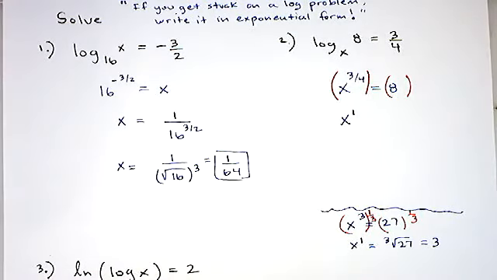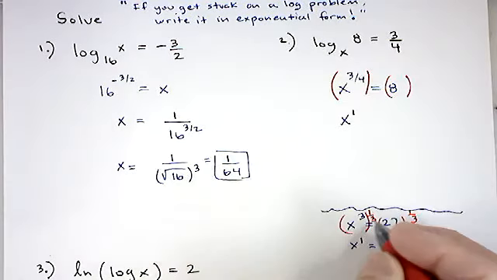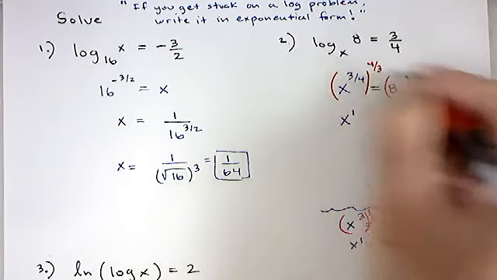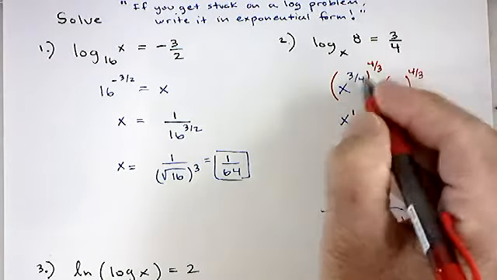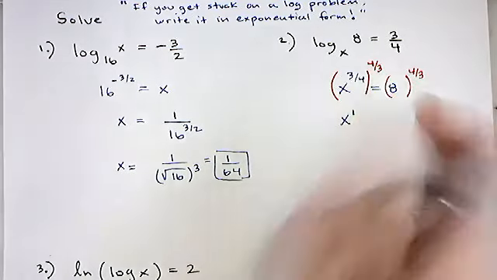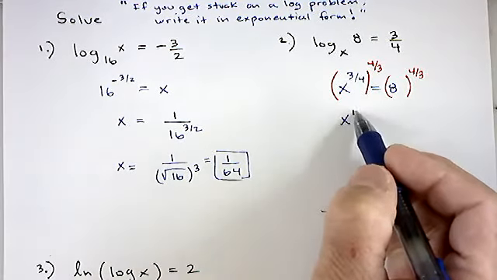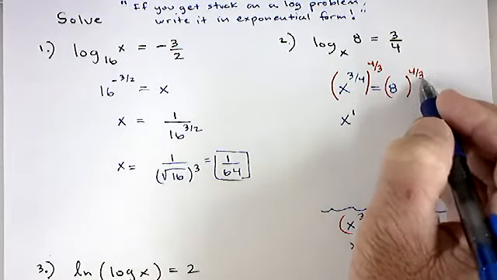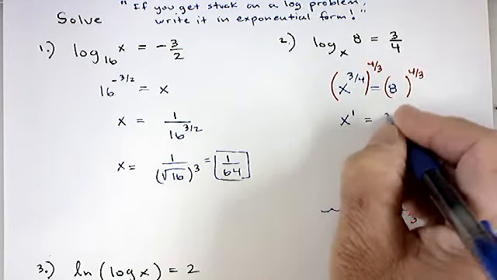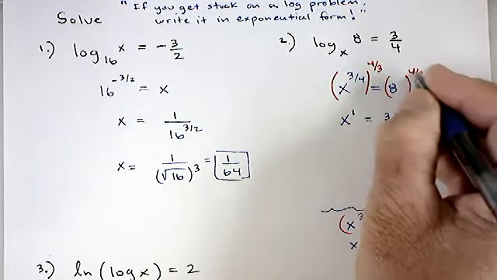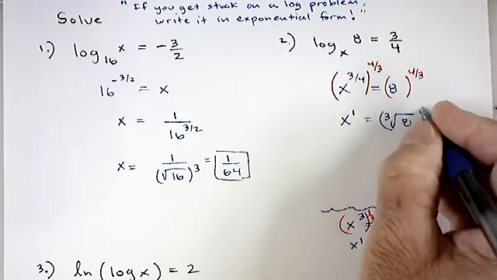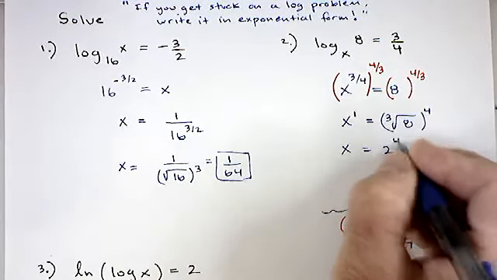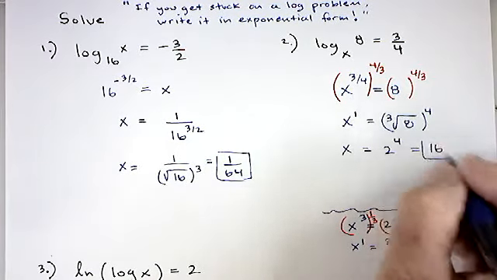For this situation, the power I'd want to raise it to would be the 4/3 power, the reciprocal. 3/4 times 4/3 just gives me x to the 1st. Then, like what we did here, for 8 to the 4/3, the bottom number tells me I'm going to take the cube root of 8, and the numerator tells me I'm going to raise that to the 4th power. The cube root of 8 is 2, 2 to the 4th is 16. My answer here would be 16.